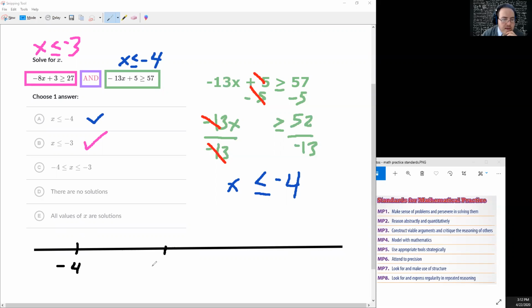We have a point at negative 3. And we're saying that x is less than or equal to negative 3. And x is less than or equal to negative 4. Huh. Okay.